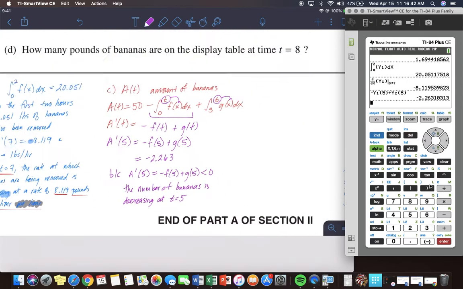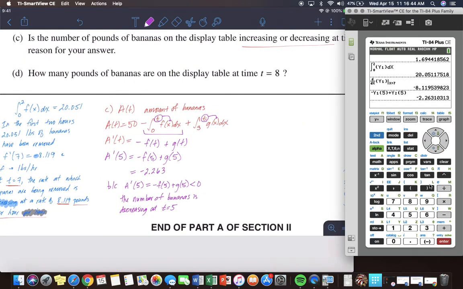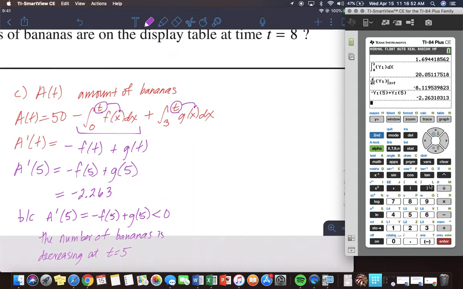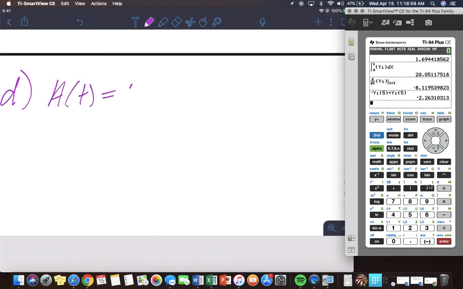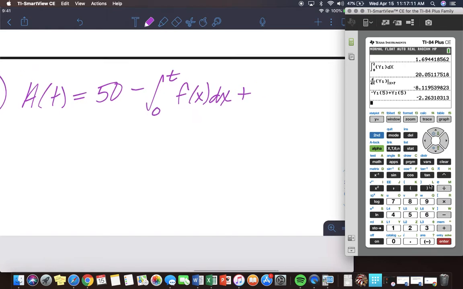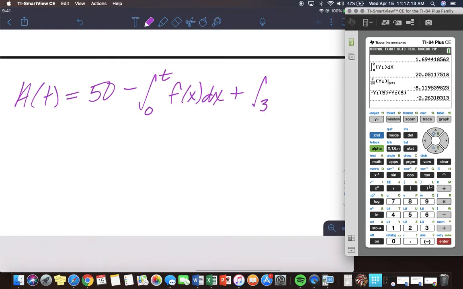And how many pounds of bananas are on the display table at time t equals 8? This is part D. Because we already wrote the equation for part C that represents the total amount of bananas, we can use that equation now. So the initial amount minus the removals, the integral from 0 to t of f of x dx, plus the additions, the integral from 3 to t of g of x dx.